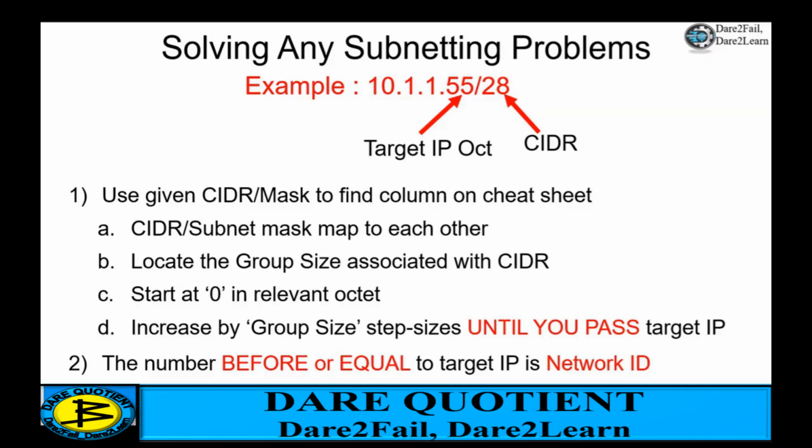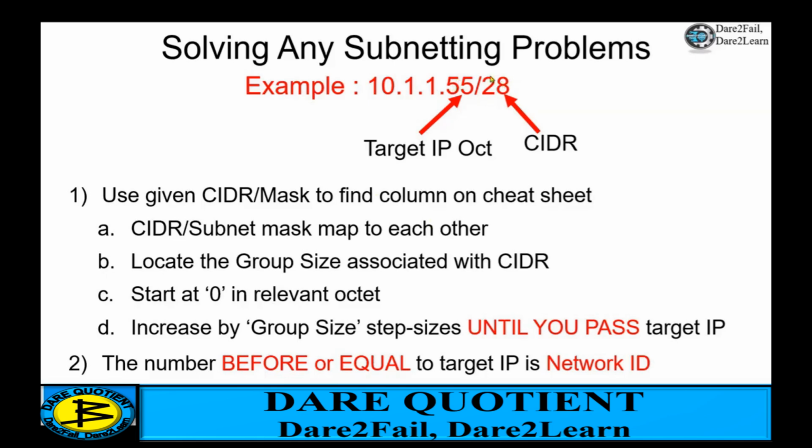From there, you can locate your group size. You start at 0 in the relevant octet, and you increase by the group size, the step size, until you go past your target IP octet value.